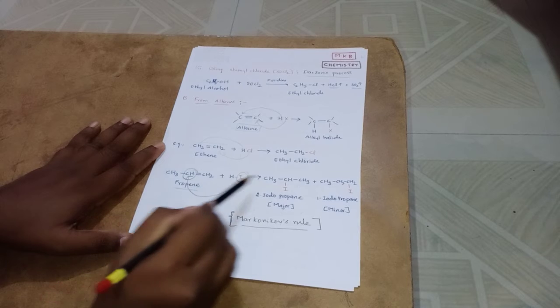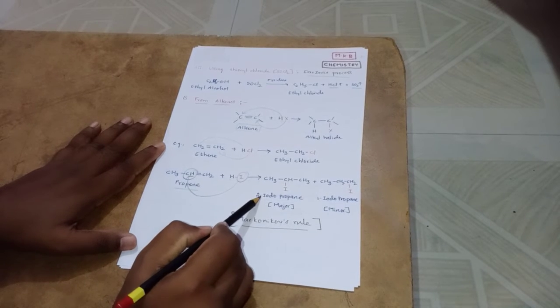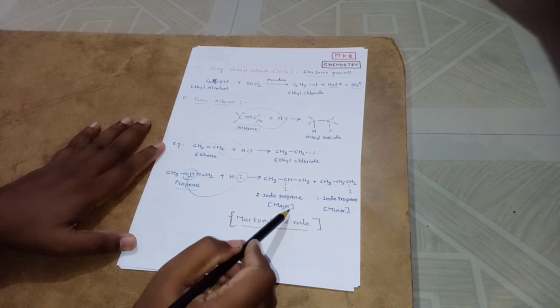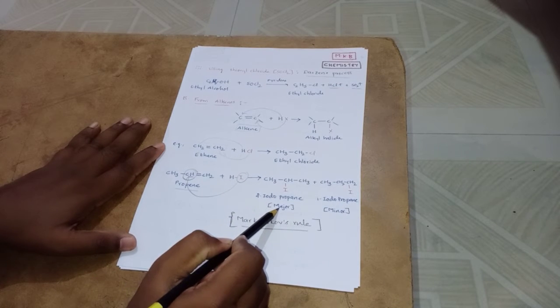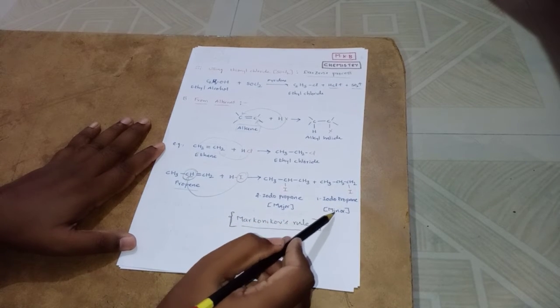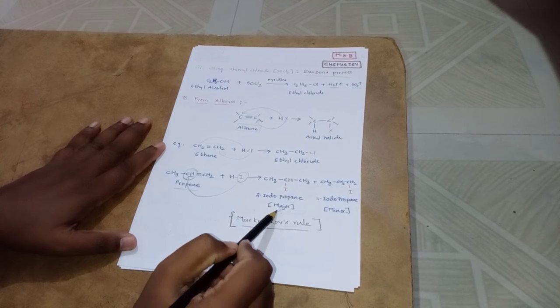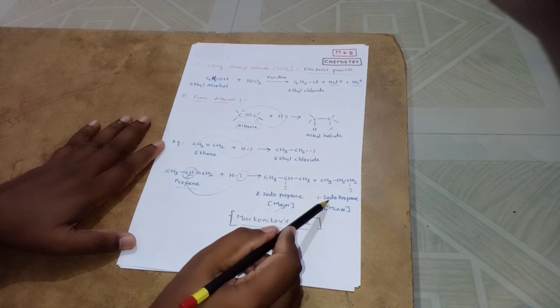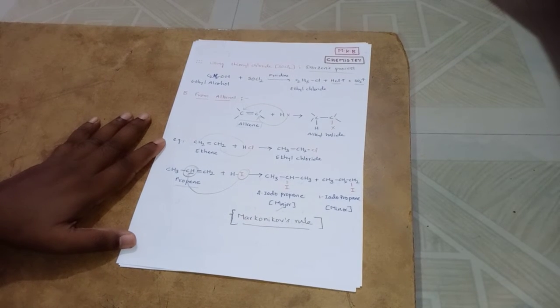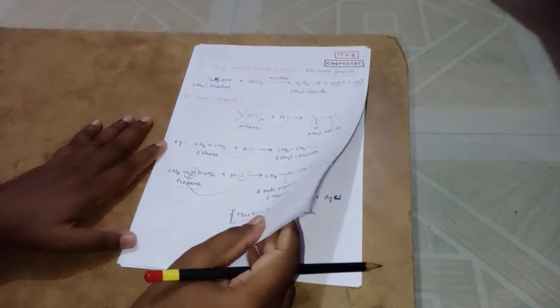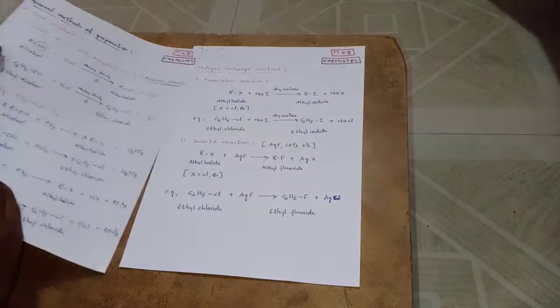So we have two products here. One is 2-iodopropane, the other is 1-iodopropane. 2-iodopropane is major and 1-iodopropane is minor, because the former is thermodynamically more stable than 1-iodopropane. So this is the preparation method from alkenes.